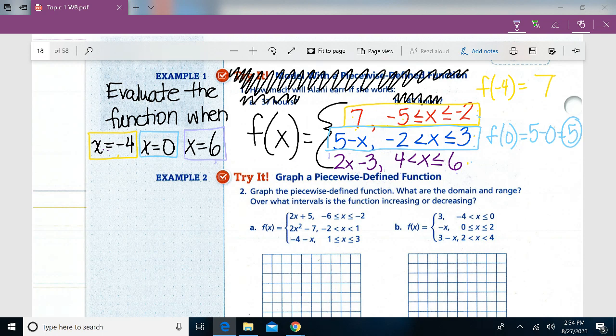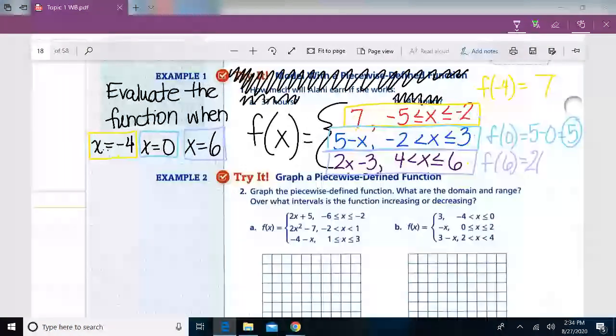So I will use this line to evaluate f of 6. So f of 6 equals, I'm going to use the formula 2x minus 3, but we're going to substitute in a 6. 2 times 6 minus 3 equals 12 minus 3 is 9.